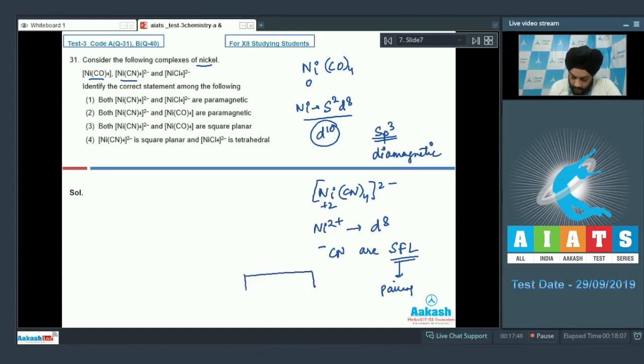So if we look at the d orbitals of nickel, all of these electrons are going to be paired up. Okay. So one of the d orbitals is empty. So the complex is going to have a dsp2 hybridization. And since there are no unpaired electrons, it is also going to be diamagnetic, as all the electrons are paired.